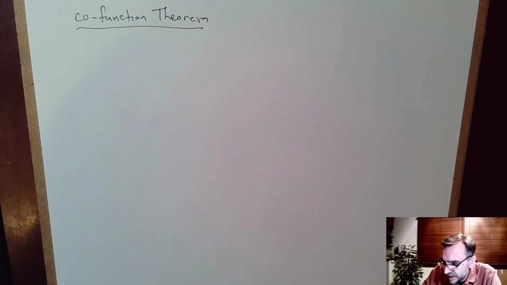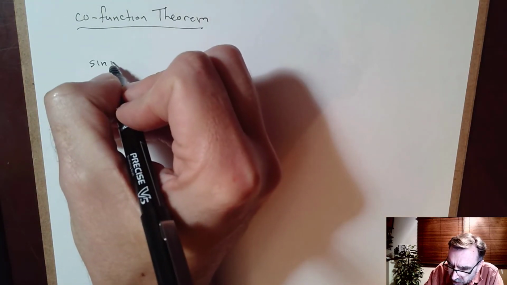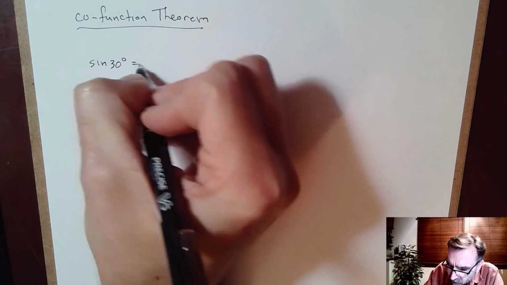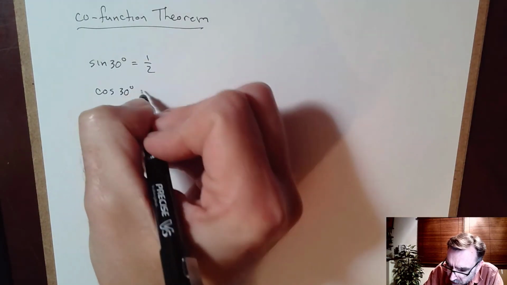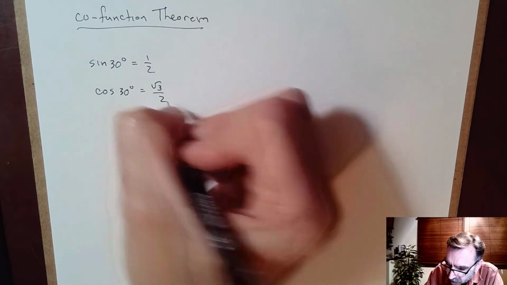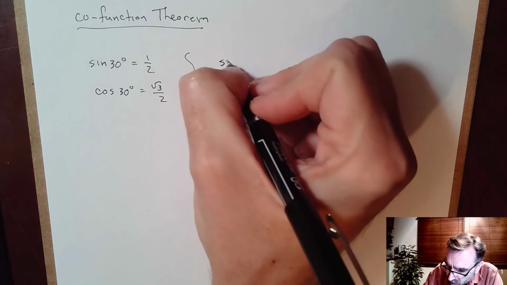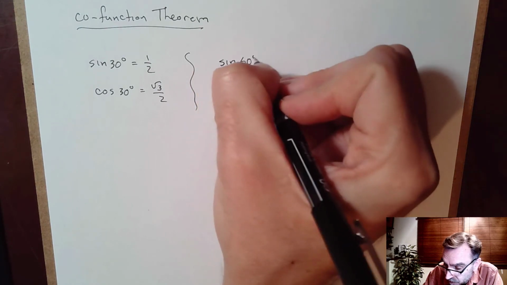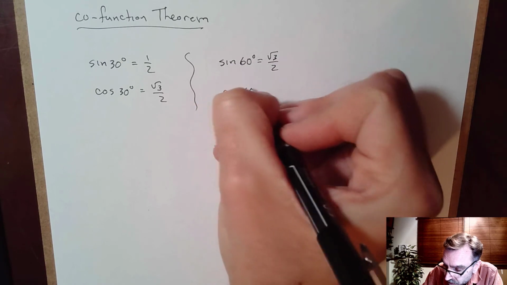Okay, so for the last example, I want to talk about the cofunction theorem. We know sine of 30 degrees is equal to 1/2. We also know that cosine of 30 degrees is equal to square root of 3 over 2. Furthermore, we know sine of 60 degrees is root 3 over 2, and cosine of 60 degrees is 1/2.